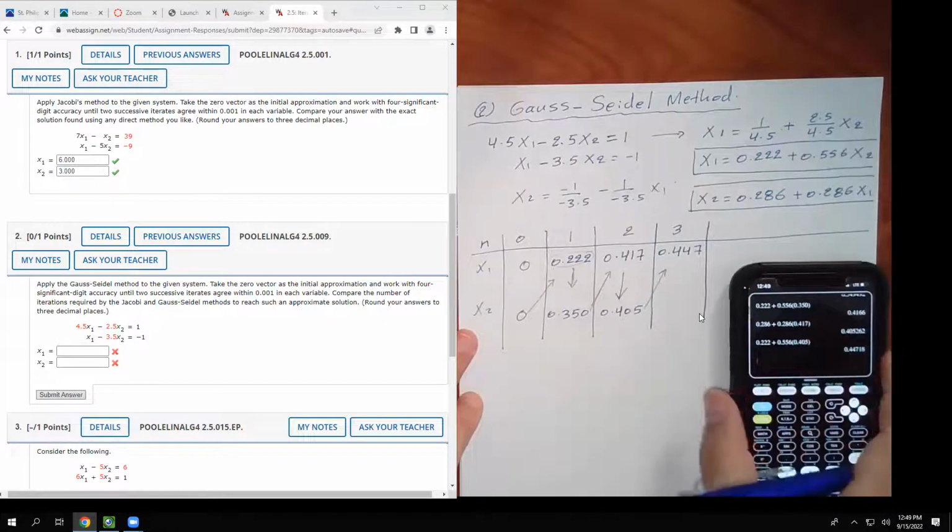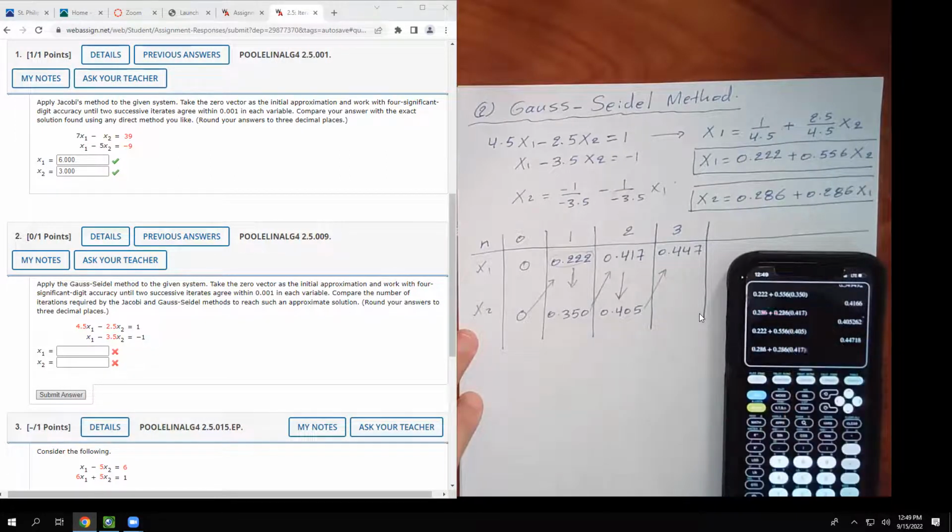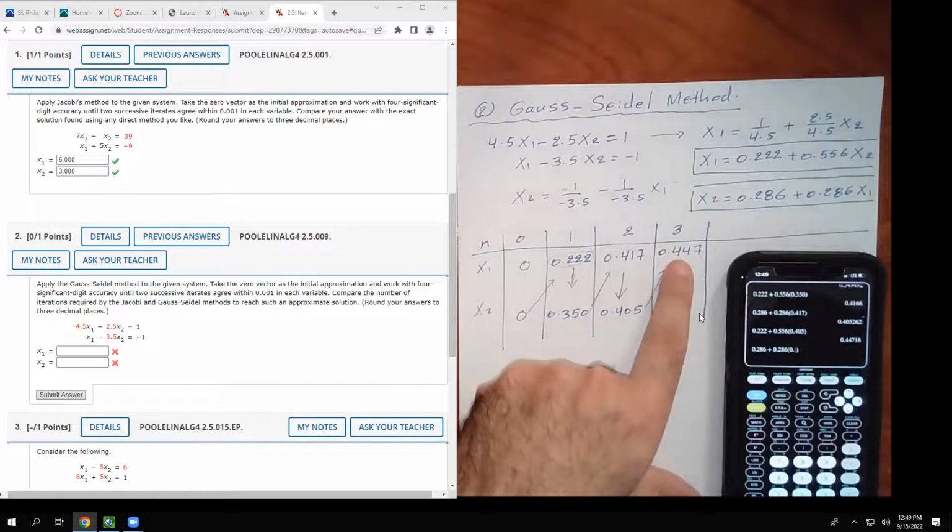So here is the new one. I'm going to change this number to find the x2. Here's x1, so 0.447.